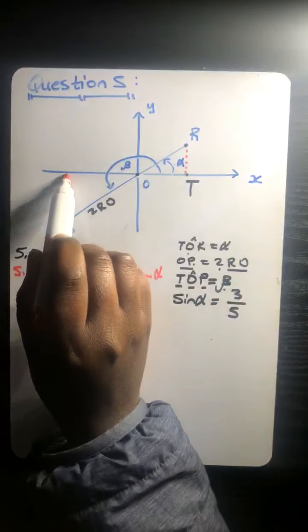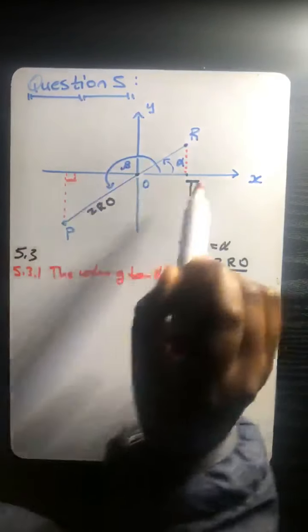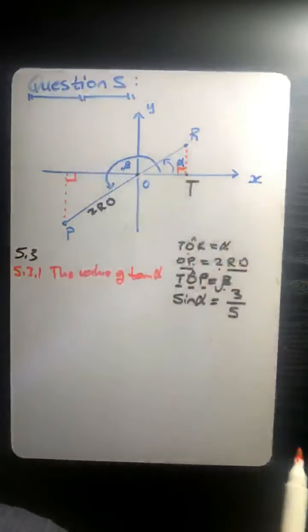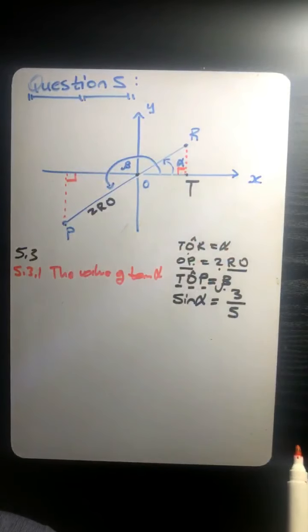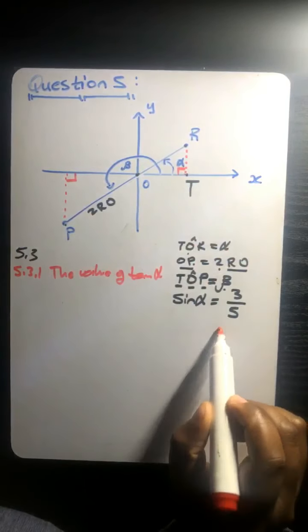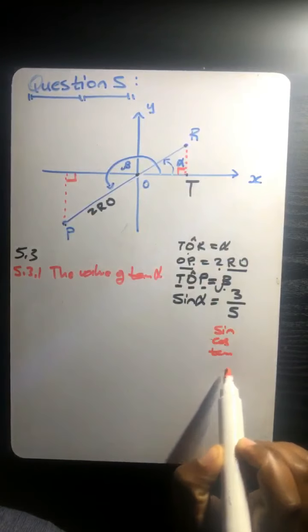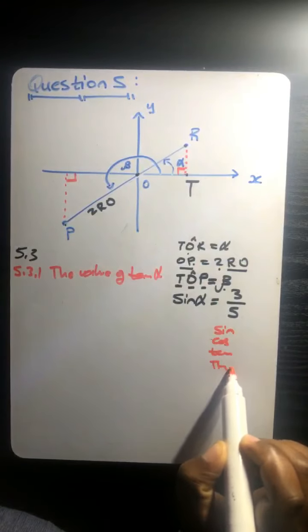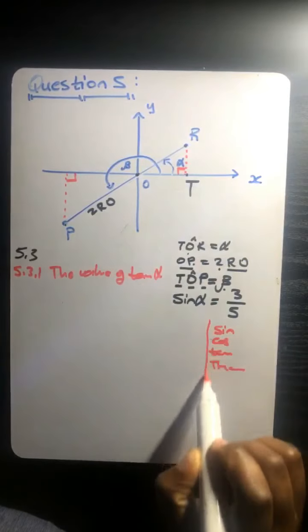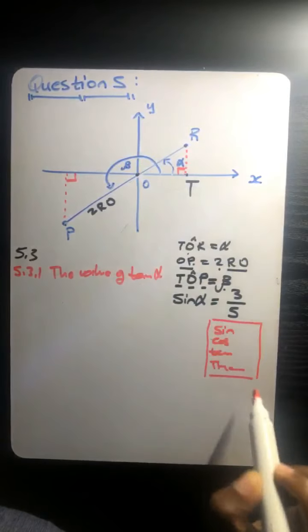We know very well that these are right angled triangles, and if you have a right angled triangle, you can use sine, cos, tan, or the theorem of Pythagoras. You can use all of this to find all the sides.